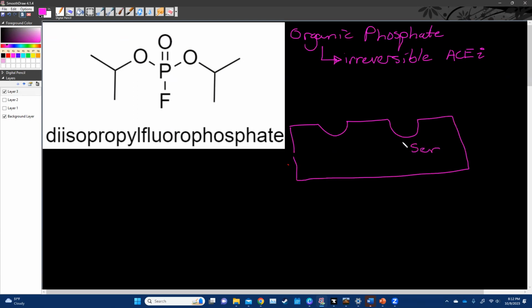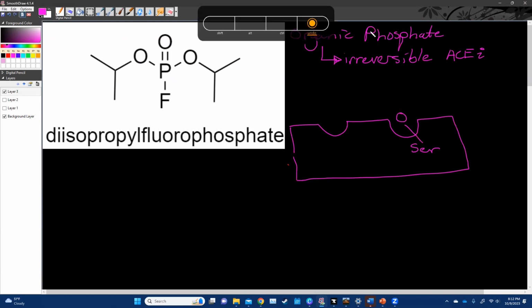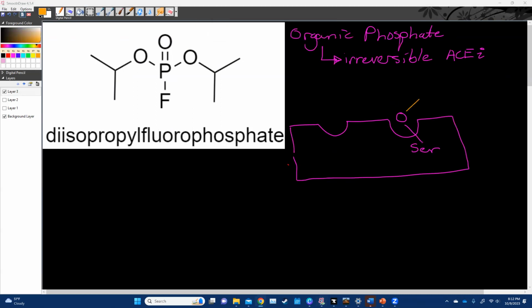So we have our serine, and what ends up happening here is our phosphate gets stuck on in a super, super, super strong bond.